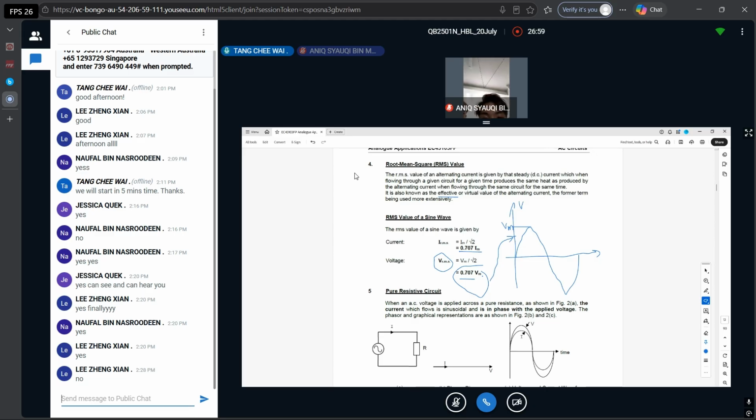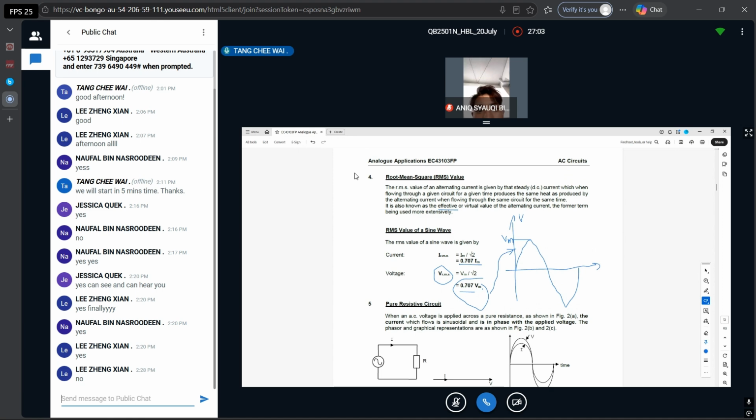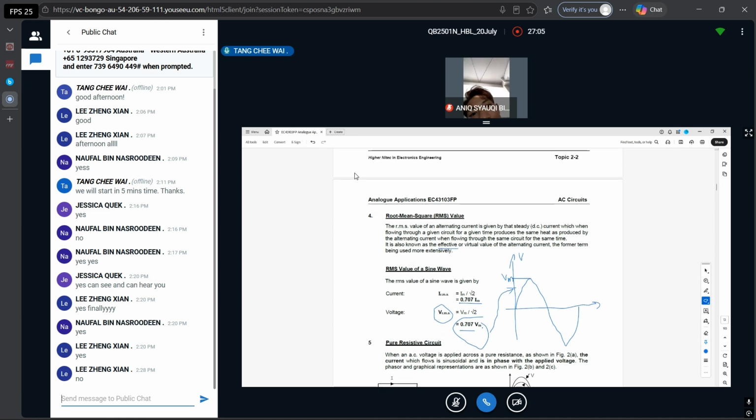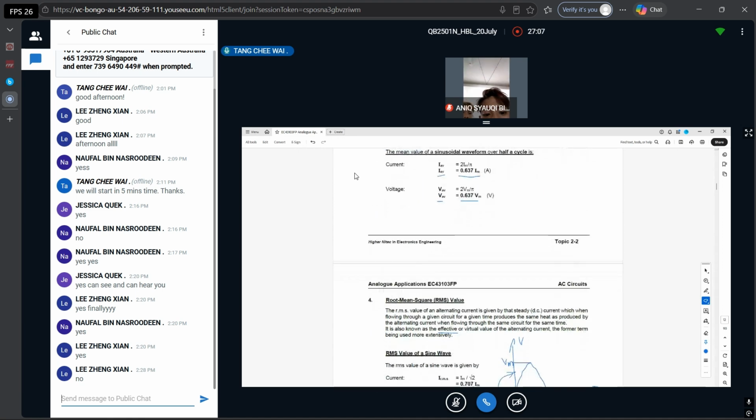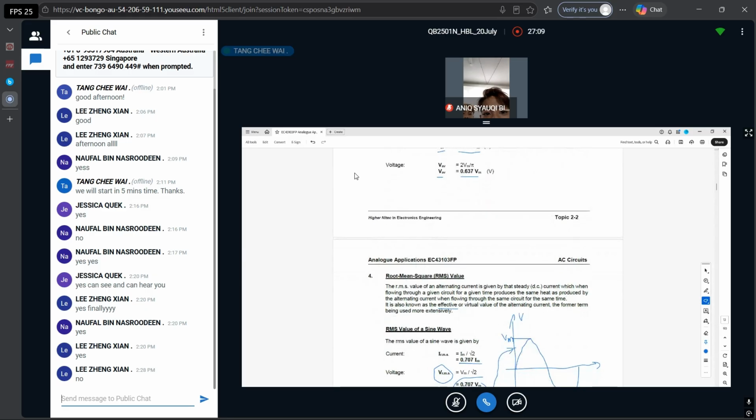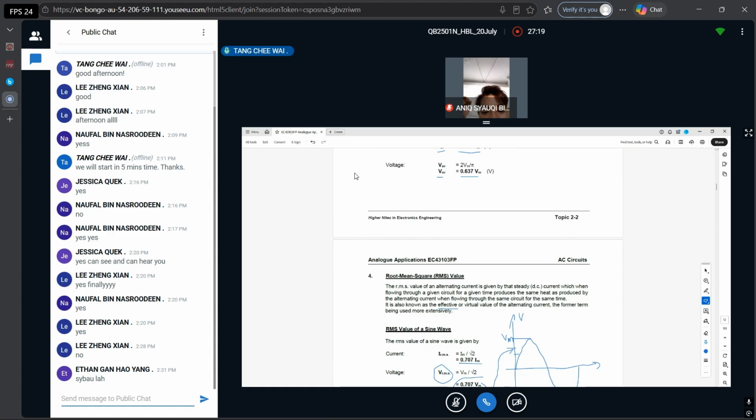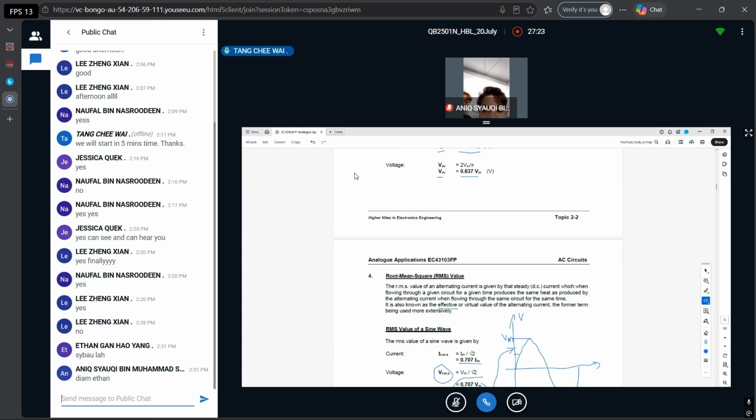Any question? If I move back to here, earlier on they say 0.637 for the mean value. So you can imagine the mean value is slightly lower here. You use 0.637 times Vm, or 63.7% of Vm.